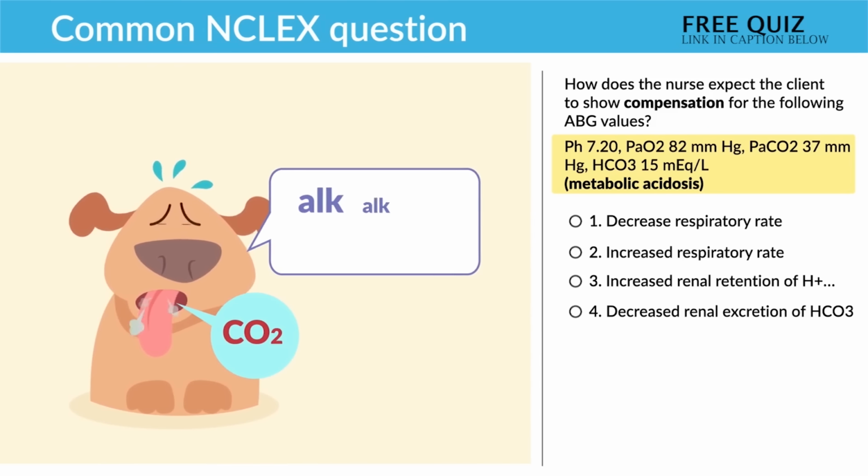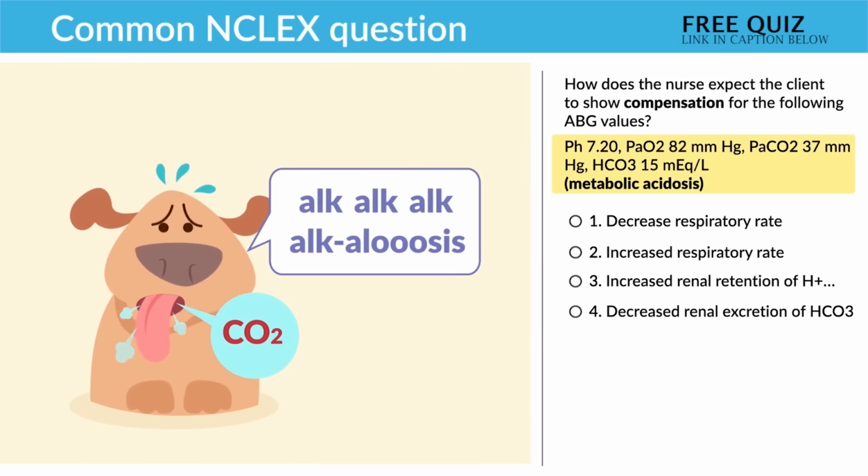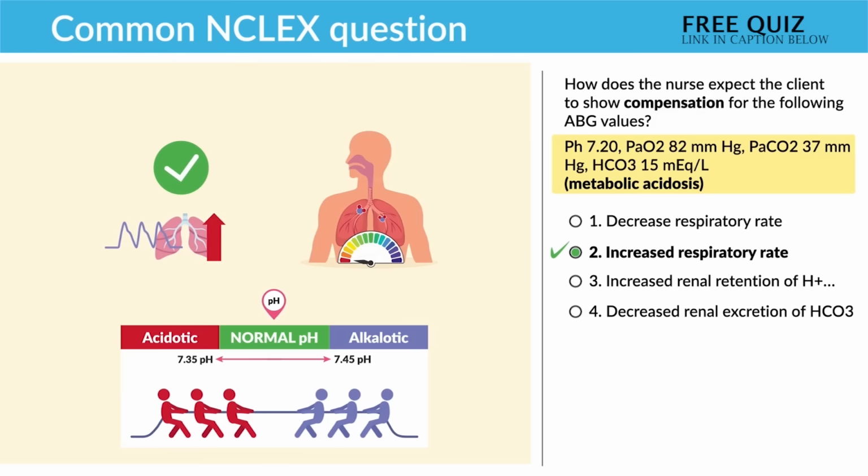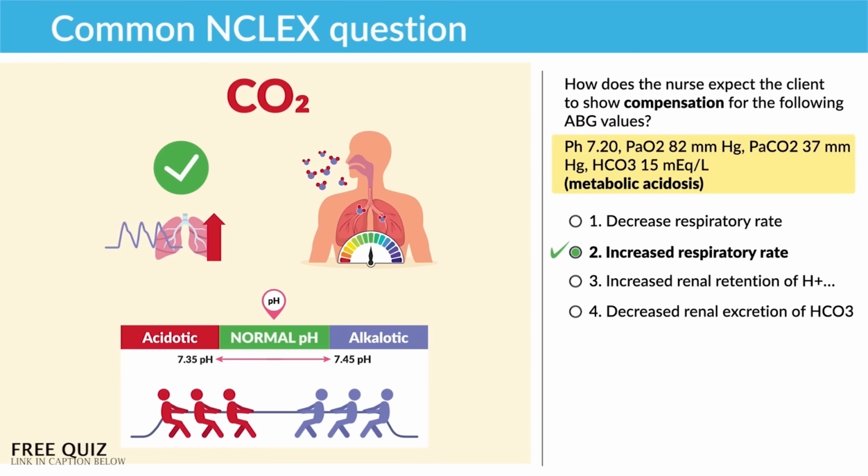So alkalosis, they need to breathe faster, hyperventilation. So the correct answer is to increase the respiratory rate to blow off all that acid, that carbon dioxide. Decreasing the respiratory rate would lead to more acidosis. So option 2 is correct.